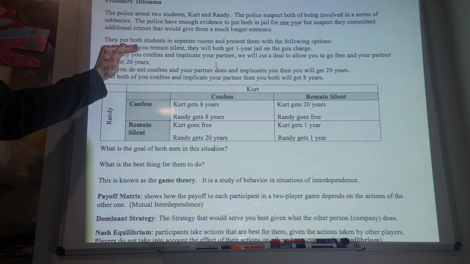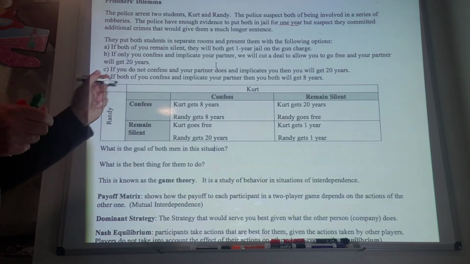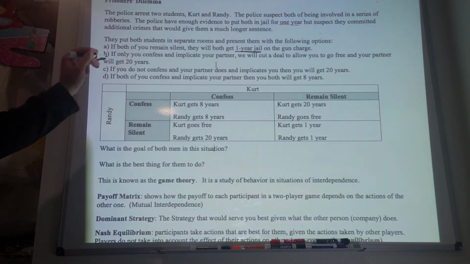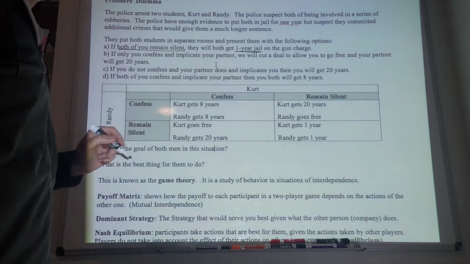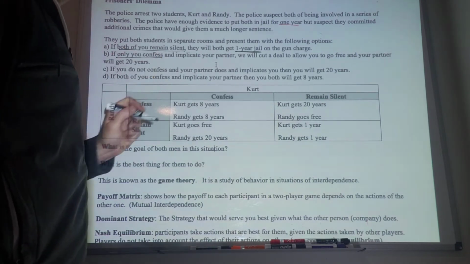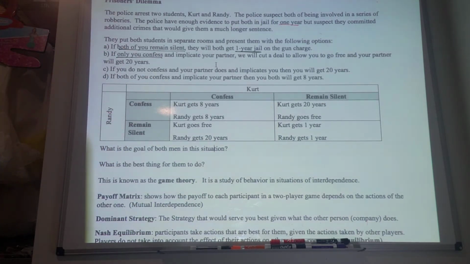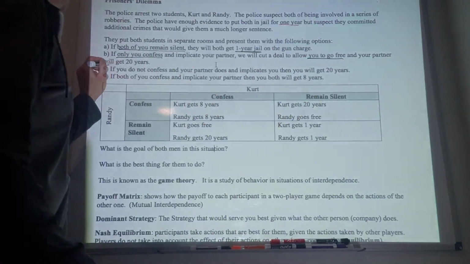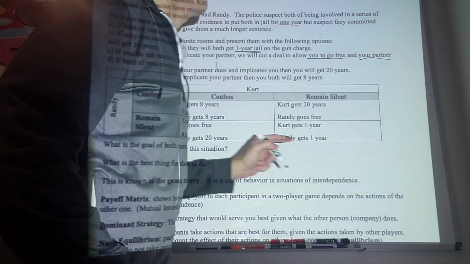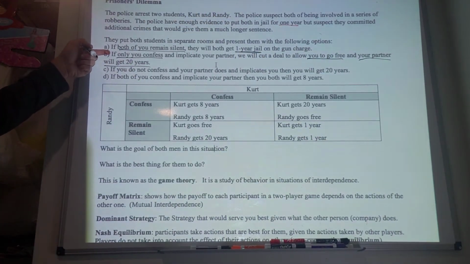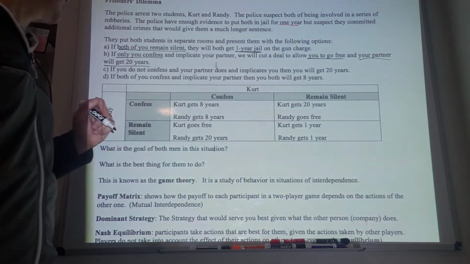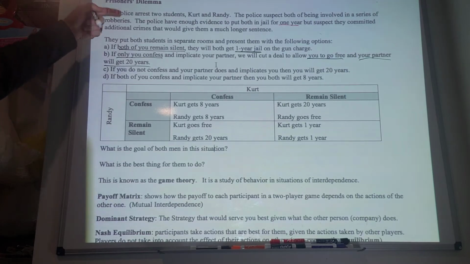If you and your partner both remain silent, you get 1 year. All right, we have you on the 1 year, and you'll end up in jail for 1 year. If only you confess, so the other guy keeps his mouth shut, you confess, you go free, and your partner gets 20 years. And I guess we're assuming you're either Kurt or Randy, now that I read how I wrote this.